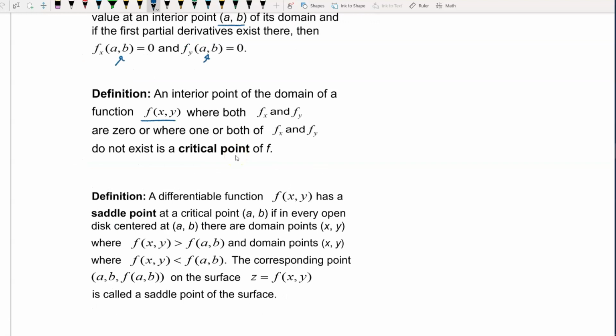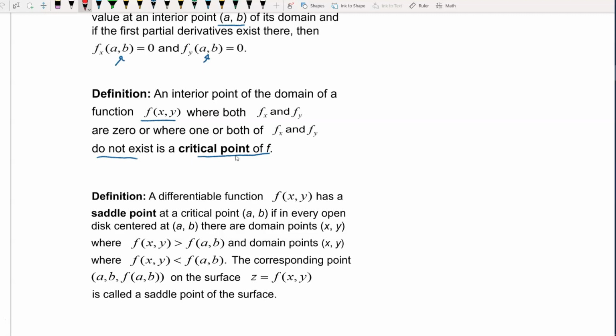An interior point of the domain of a function f of x, y where both partial derivatives of f with respect to x and y are 0, or where one or both of the partial derivatives do not exist, is a critical point of f.